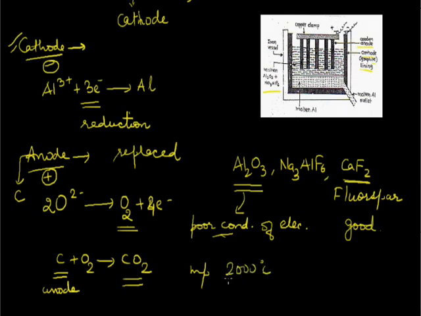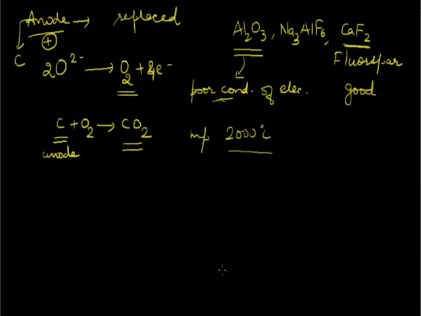Because obviously we cannot take Al2O3 in solid form, we have to take it in fused, molten form. And the melting point of Al2O3 is 2000 degrees Celsius, but the boiling point of aluminium is somewhere around 1800 degrees Celsius.